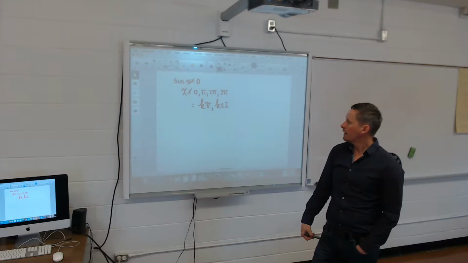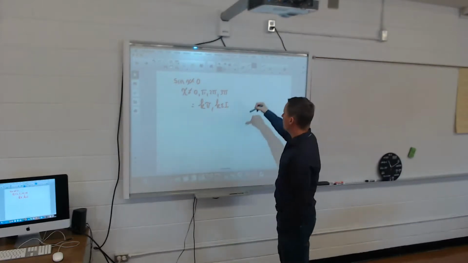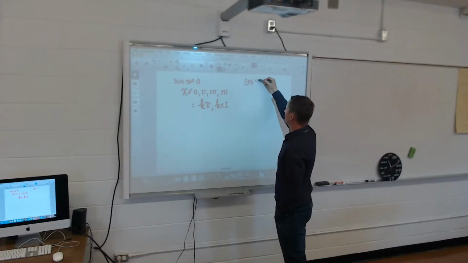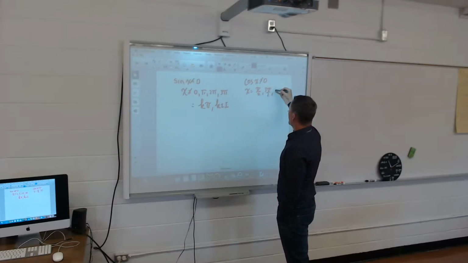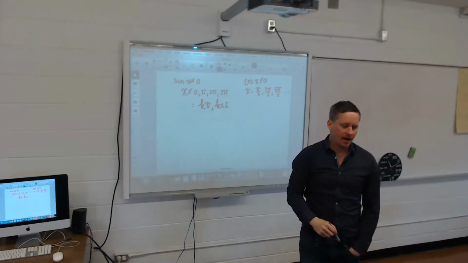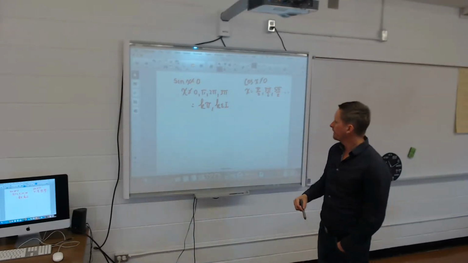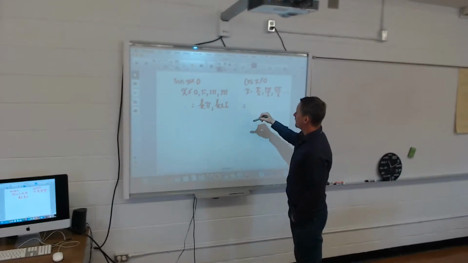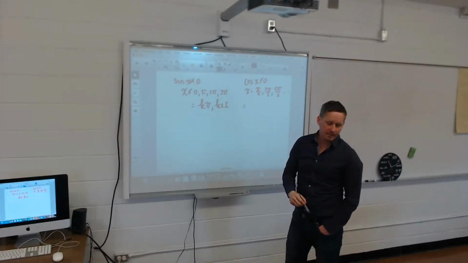Now in that one, you also have cos can equal 0. Cos can equal 0 at pi over 2, 3 pi over 2, 5 pi over 2, and so on. So those are all odd values of pi over 2. How do I say that again? It would be pi over 2 plus pi k.